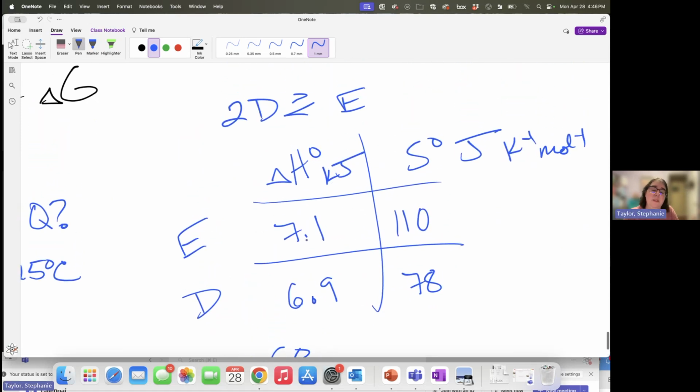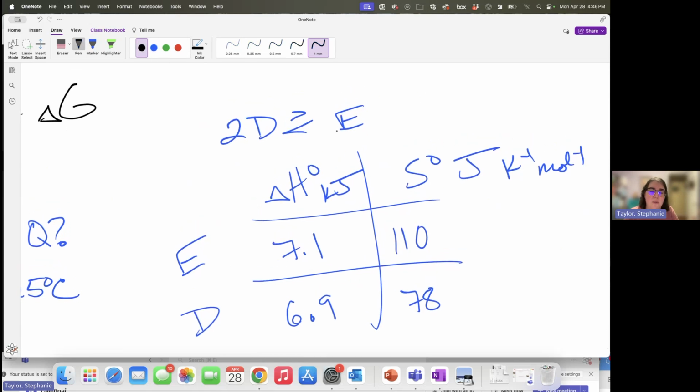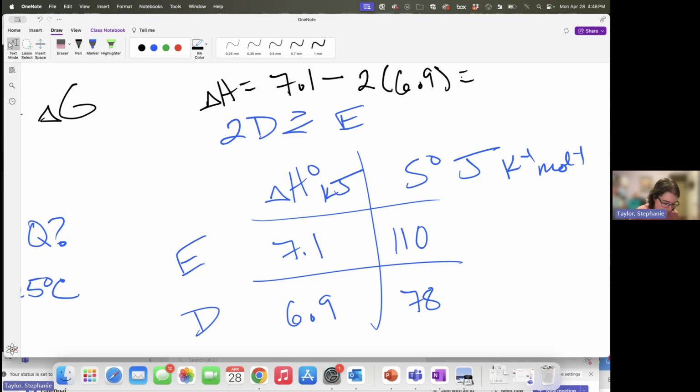What we then have to do is products minus reactants. So I can solve for my enthalpy by taking my value of E and subtracting 2 times my reactant: 7.1 minus 2 times 6.9, negative 6.7 kilojoules.